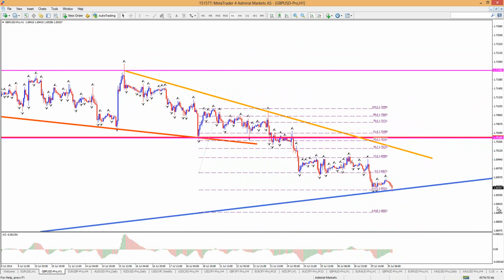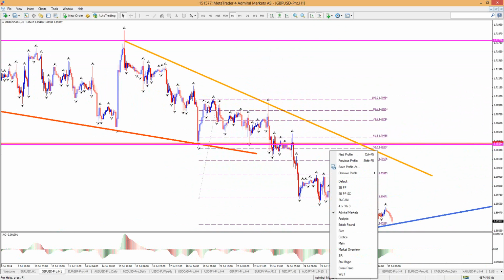So the last strategy is the Tenkan strategy. That is a very mechanical strategy. Now, I forgot where I have it.